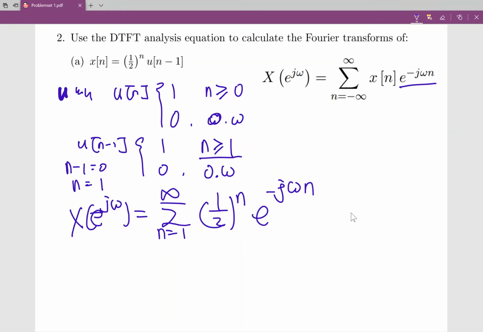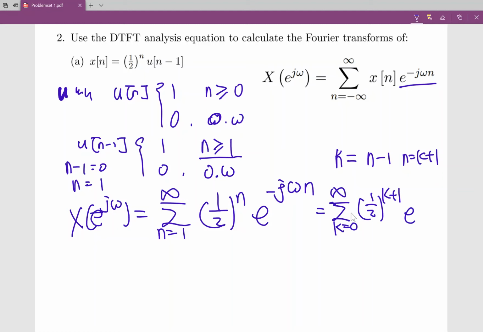We can use another variable k equal to n minus 1, so that k goes from 0 to infinity. Because k equals n minus 1, n equals k plus 1. So here we have (1/2)^{k+1} and e^{-j omega (k+1)}.